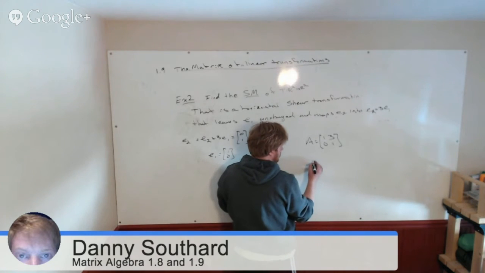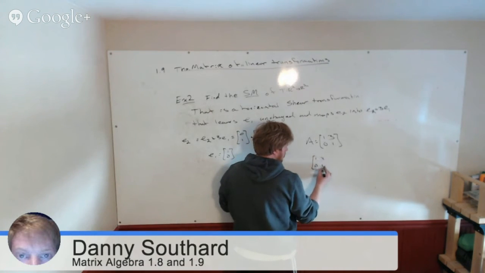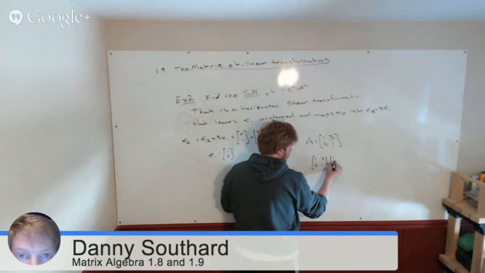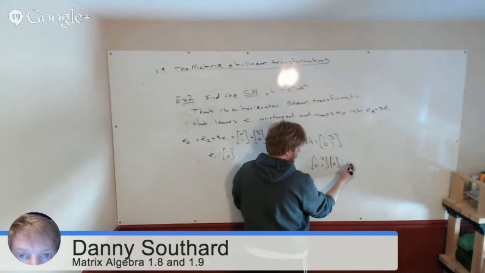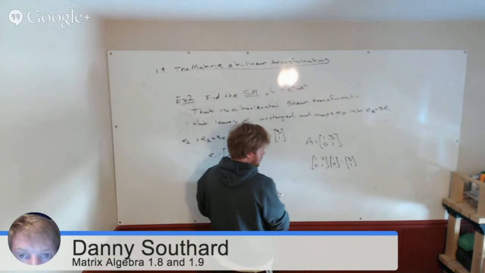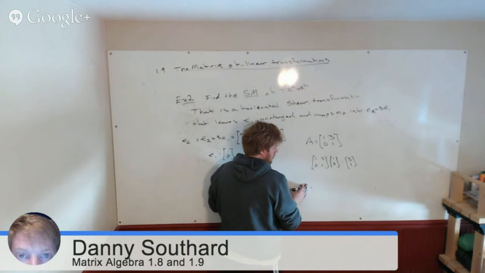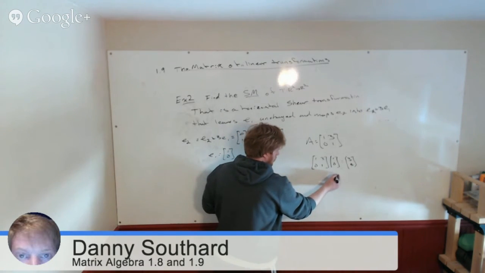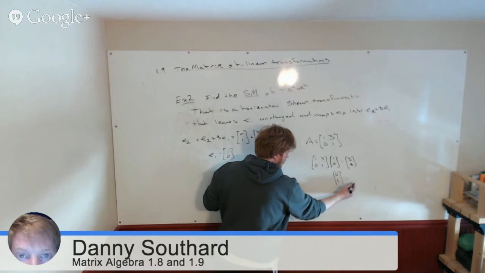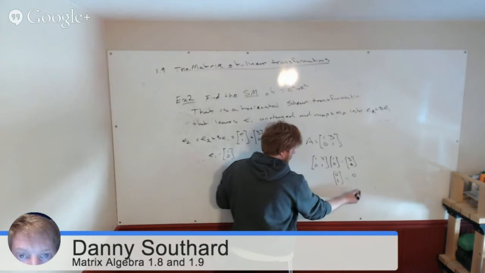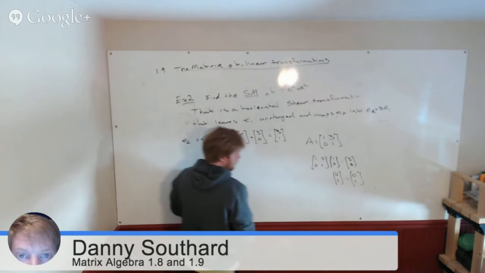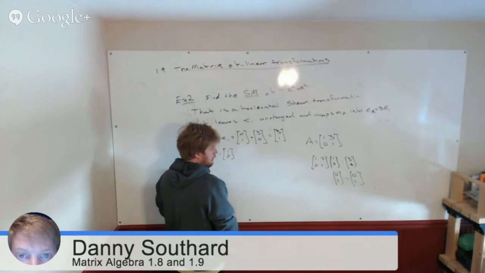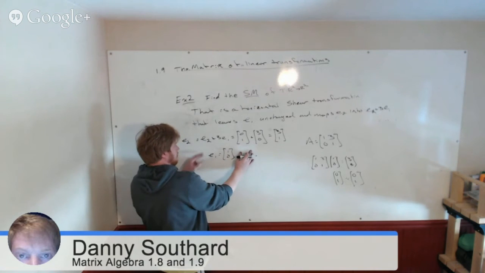Well, let me double check what's going on here, because I get 3, 1 out of that. And then if I did 0, 1, I would get 0, 1.